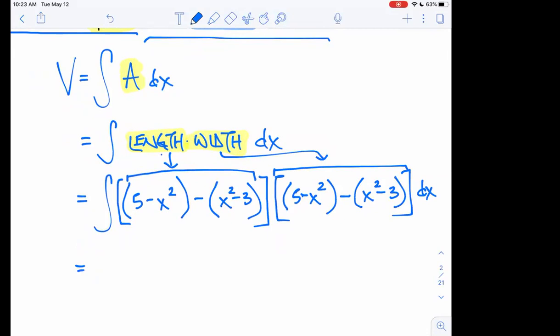All right, so let's clean this up a little bit. Inside of the first brackets, I'm going to get 5 minus negative 3, which is 8, minus 2x squared. Okay, so this is again my length. And then my width will simplify to be the same thing.